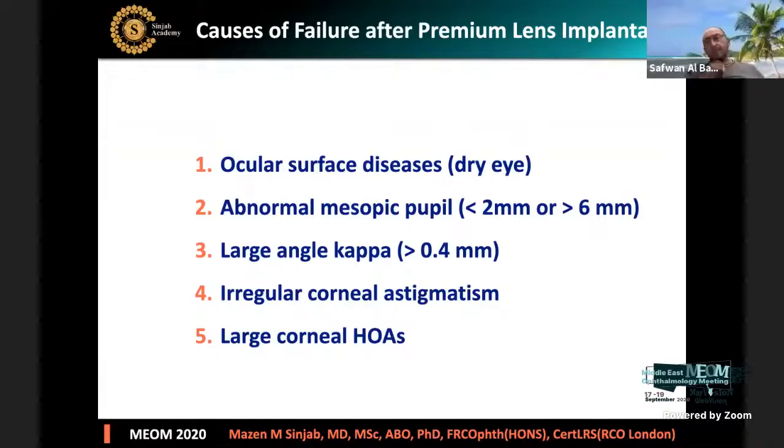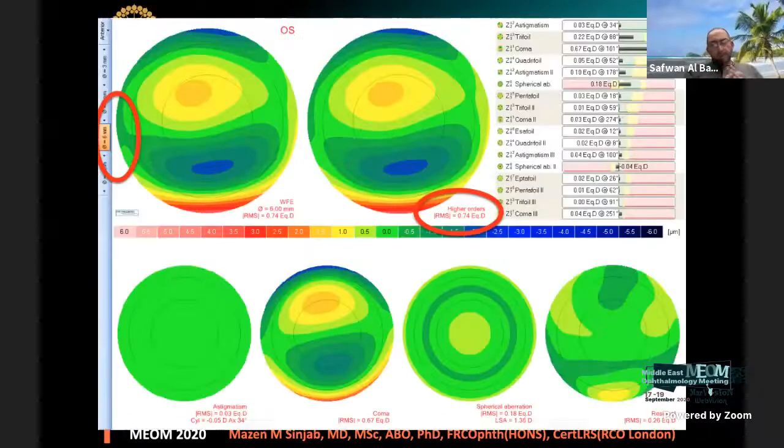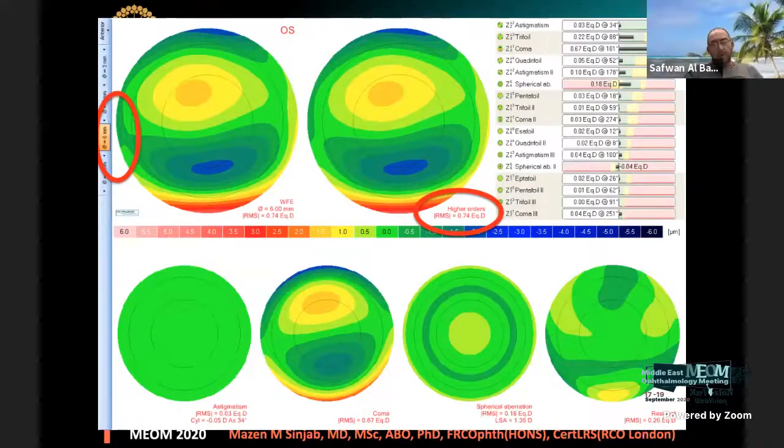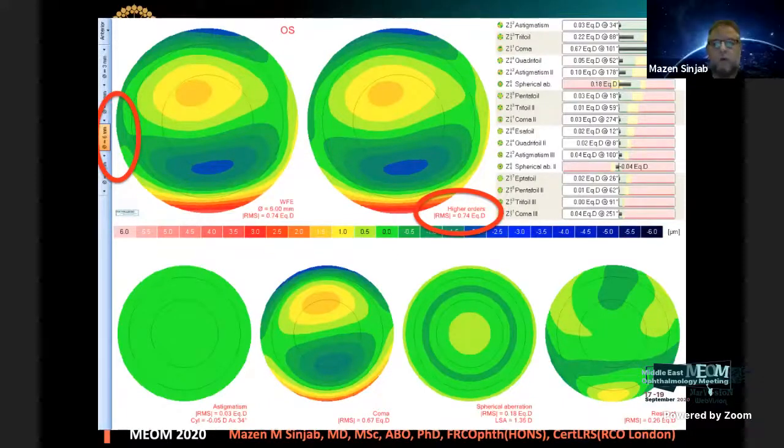What about the coma, Mazen? If the high order aberrations are 0.5, and you didn't mention the coma. What will be the coma in this 0.5? Usually, if the high order aberrations altogether, including the coma, is more than 0.5 diopters, I don't implant premium IOL.